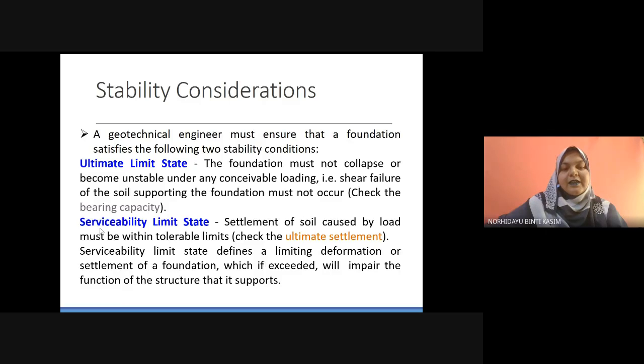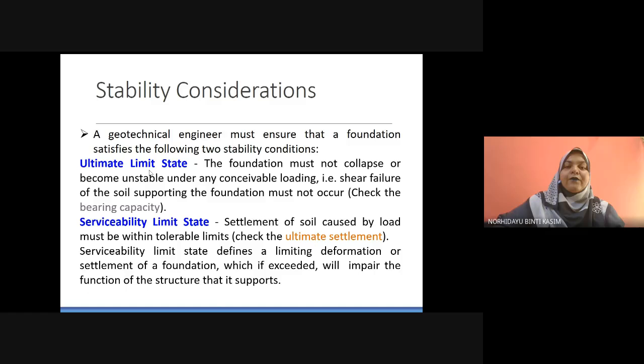The serviceability limit state, SLS, refers to the unfactored load. ULS, the ultimate limit state, refers to the factored loading, meaning that you put the factor of safety into the loading.